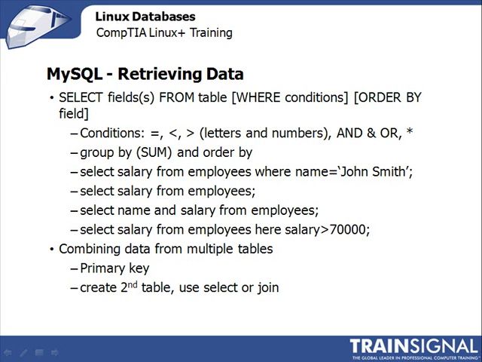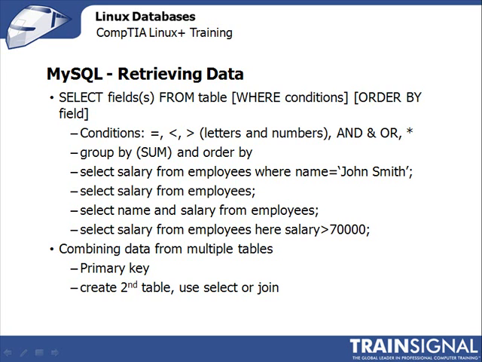Other conditions include equals, less than and greater than, which applies to both letters and numbers. Then you also have and or operators, and the asterisk. You can use group by with math operators like sum to restrict to specified columns. And order by, again, sorts by columns, usually in ascending order by default.